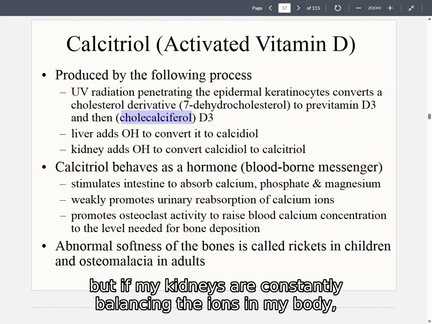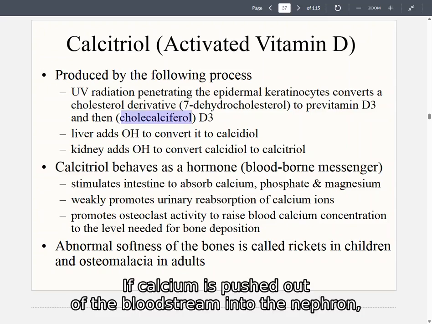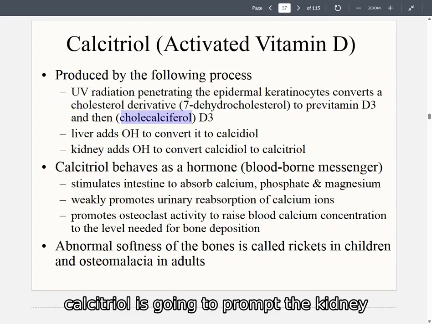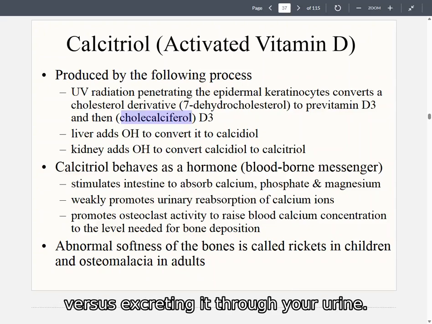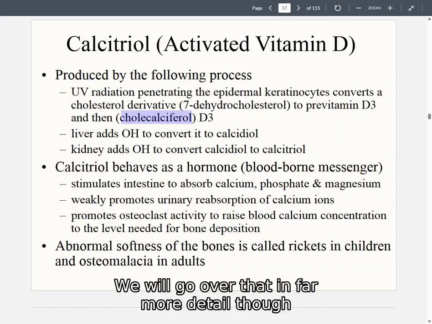But if my kidneys are constantly balancing the ions in my body, and one of the ions it balances is calcium, so if calcium is pushed out of the bloodstream into the nephron, the functional unit of the kidney, calcitriol is going to prompt the kidney to put more of that calcium back into the bloodstream versus excreting it through your urine. We will go over that in far more detail, though, with the urinary system.